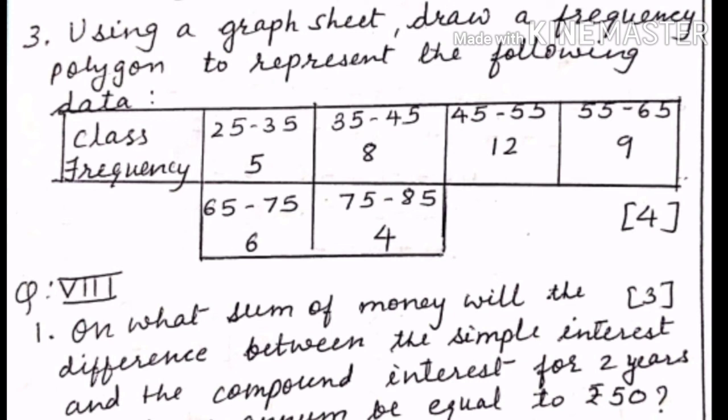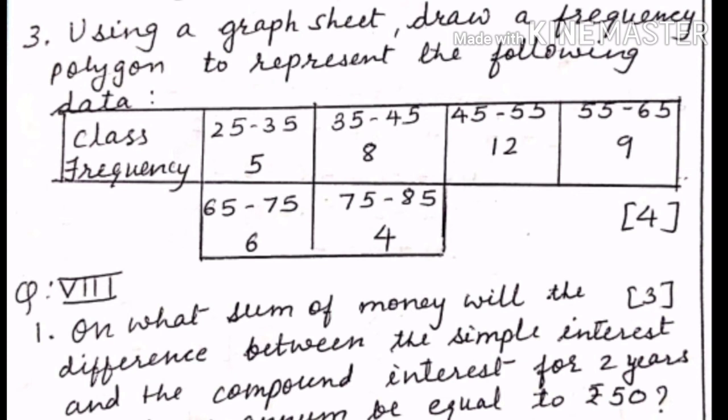The first question is: on what sum of money will the difference between the simple interest and the compound interest for 2 years at 5% per annum be equal to rupees 50? So here you need the difference of simple interest and compound interest, and what sum of money means is that you have to find the principal.